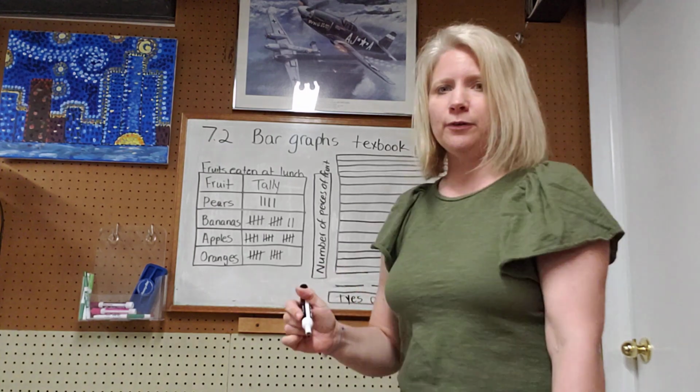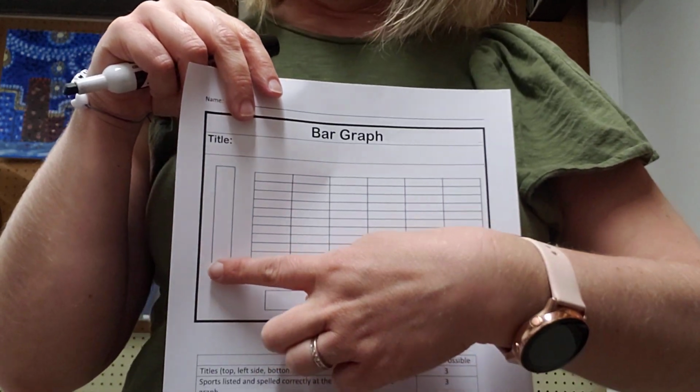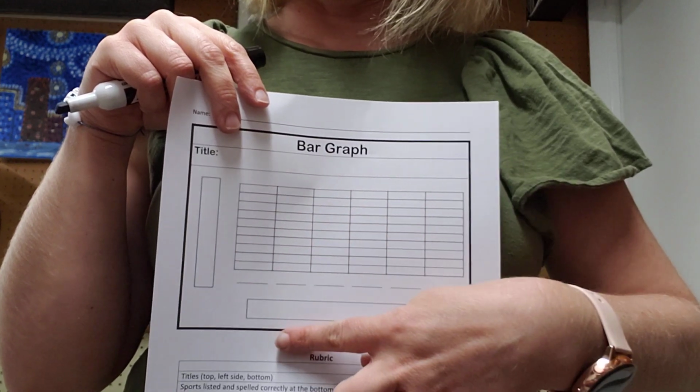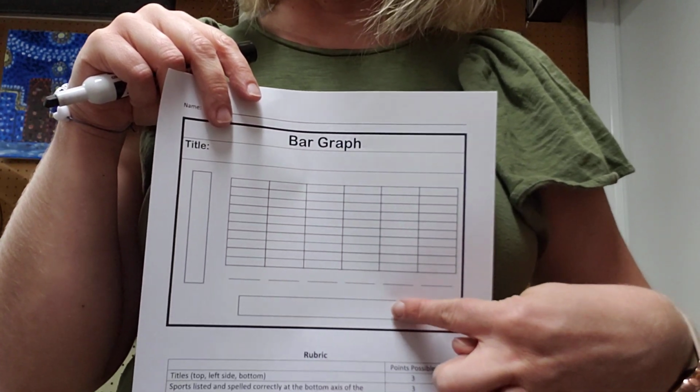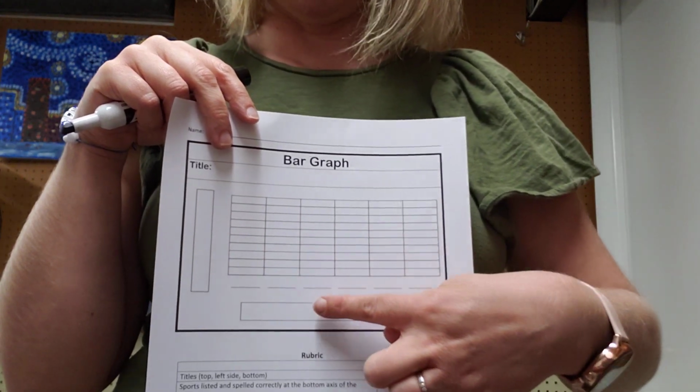Okay? So like for your graph tomorrow, it would be down along the side, number of friends, because this is going to be the numbers going up this way. And down here on the bottom, it would be sports, because you're going to list each sport.